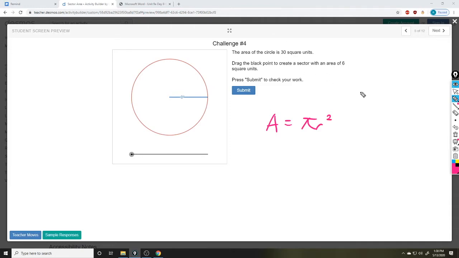You're going to end up with things in terms of pi. So a lot more often you'll see that the area of the sector is 30 pi, and we want to create an area of 6 pi. So just to point out that we're going to talk about pi a lot in these problems.